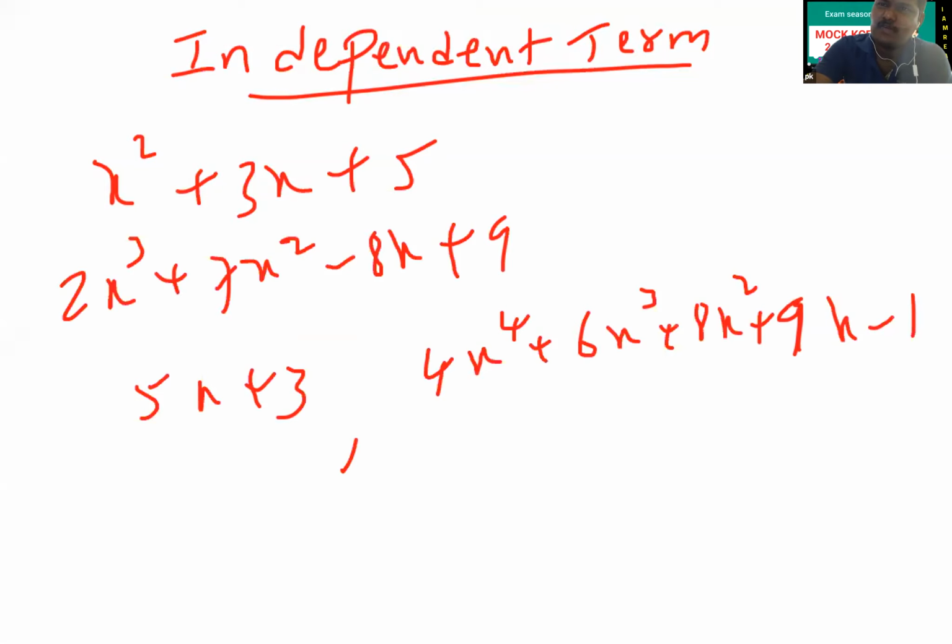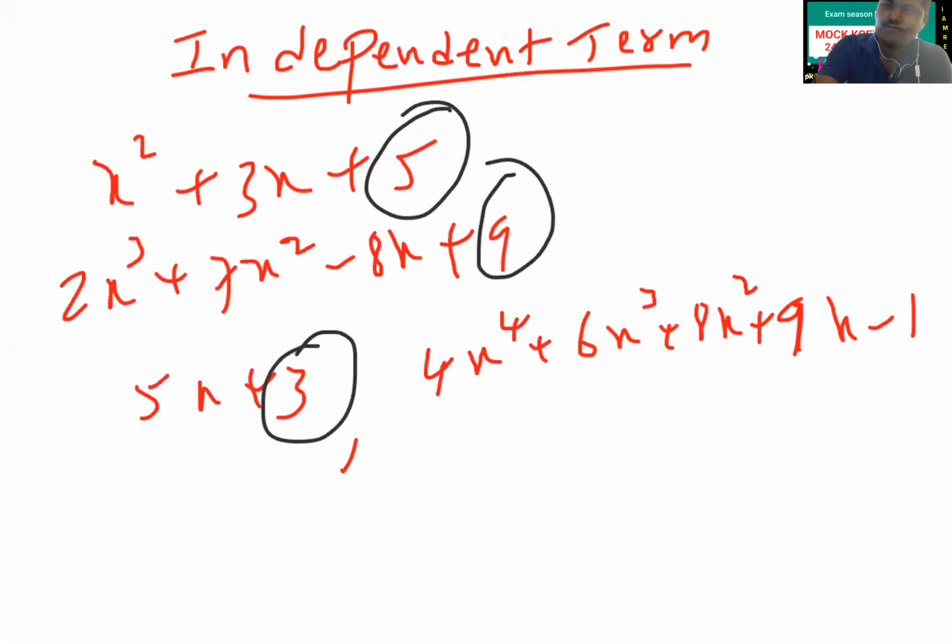What is the independent term in this? This is called the independent term. What is meant by independent term is that there is no x in that particular term. Without x, whatever term we can write, that is called the independent term. Okay, write this one first. No x in the term is called the independent term.